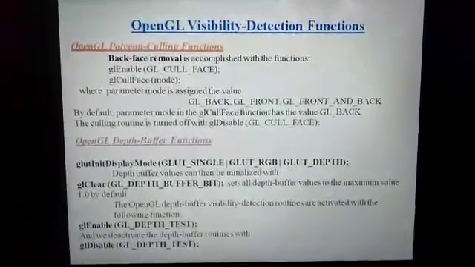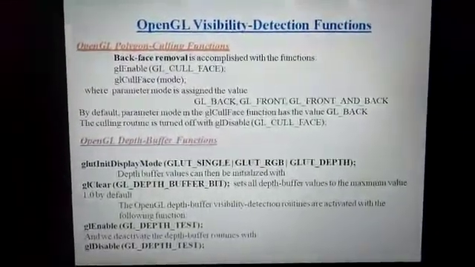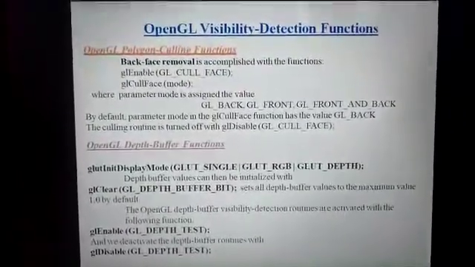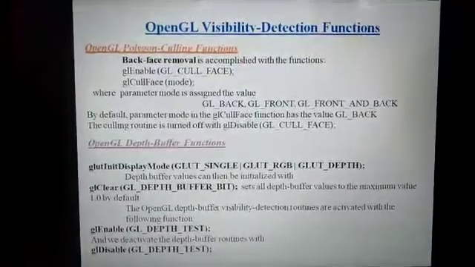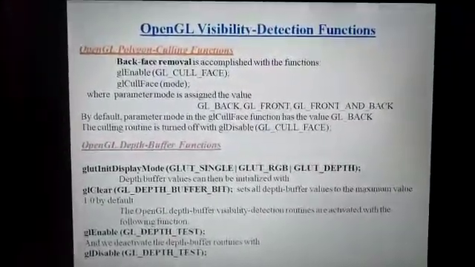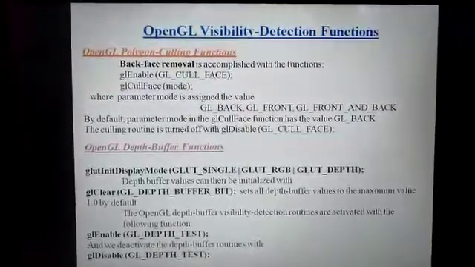Let us discuss some of the OpenGL visibility detection functions as we have categorized them with respect to OpenGL polygon culling functions, where we are defining the backface removal with respect to glEnable GL_CULL_FACE.